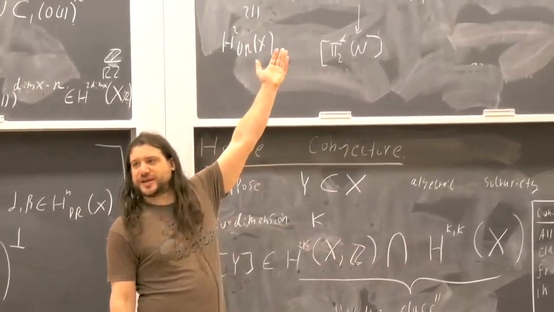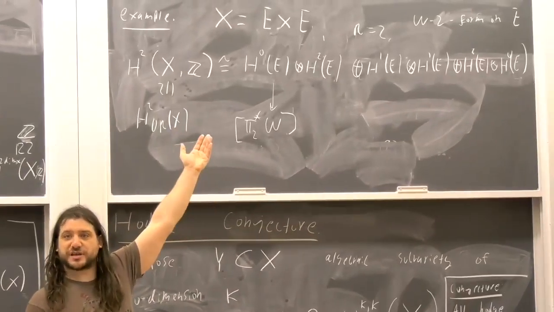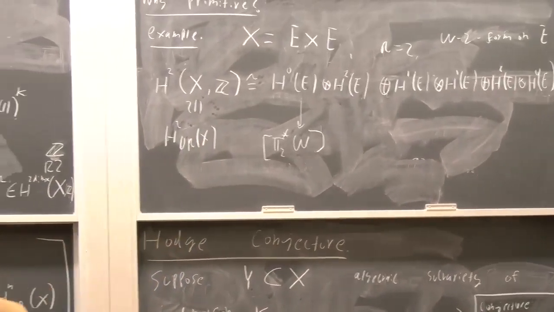And now, essentially, by looking at Plucker coordinates, we can actually get functions out of our Hodge theory.